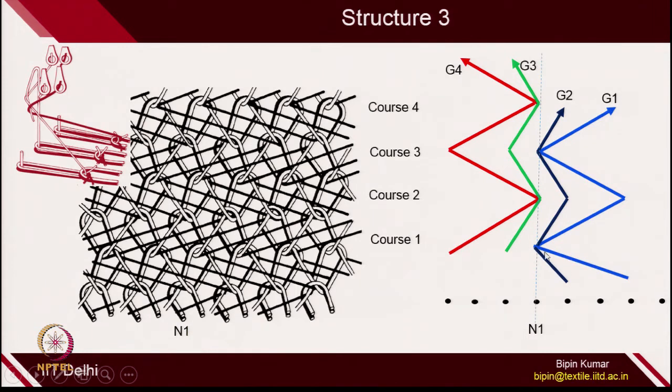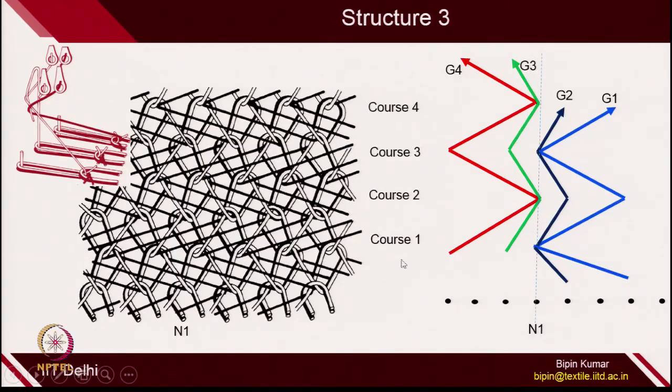G1 is only 1 pitch and G2 is 3 pitch. Once the underlaps for the two guides are different, it completely means this fabric must be created by two different guide bars.